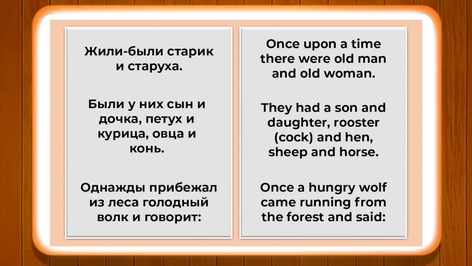So прибежал, из means from, and леса is the forest. So he came running from the forest. And who came? Голодный волк. So let's simplify the sentence. If we just simplify the sentence, it will be голодный волк.